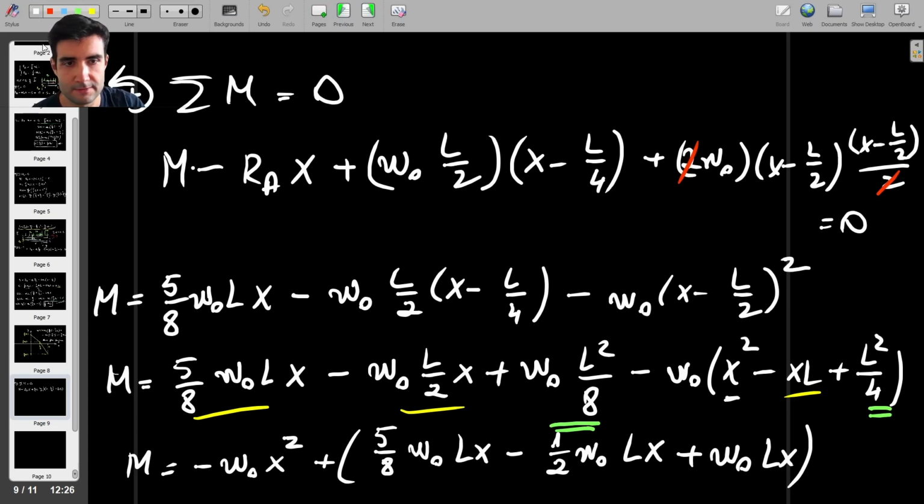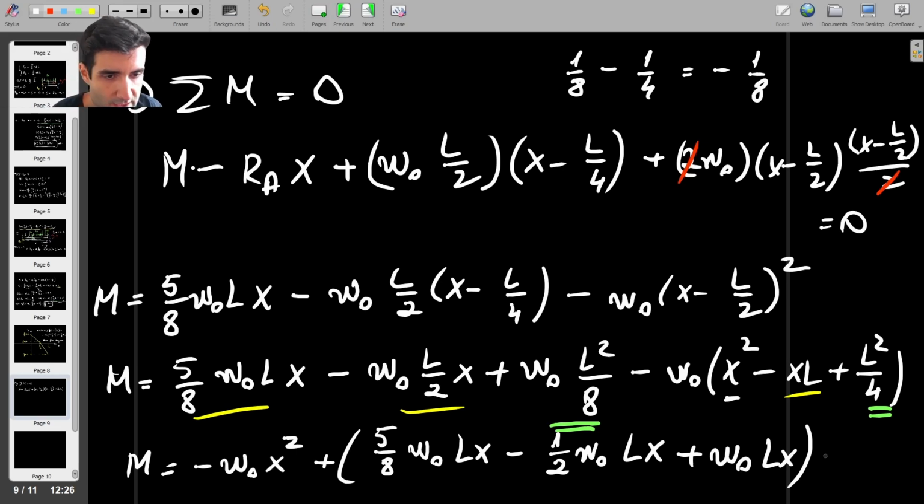So we have 1 over 8 minus 1 over 4, which should be equal to minus 1 over 8. Okay, so we have minus 1 over 8 W naught L squared.